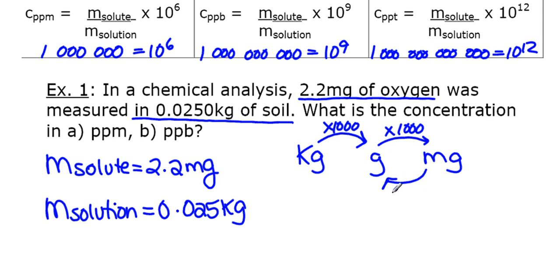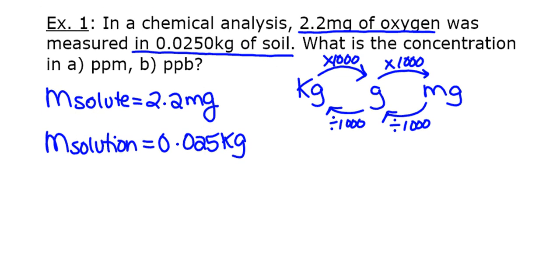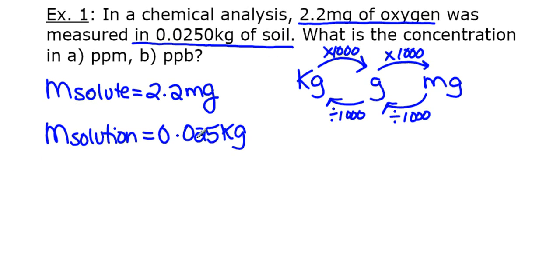If I'm going from milligrams to grams or grams to kilograms, the factor is still 1,000, but I'm dividing in this case. So it doesn't matter which one we do. Let's say we change kilograms to milligrams. So kilograms to milligrams means I'm going to need to multiply by 1,000 and then multiply by 1,000 again. So if I do that in my calculator, I end up with 250,000 milligrams.